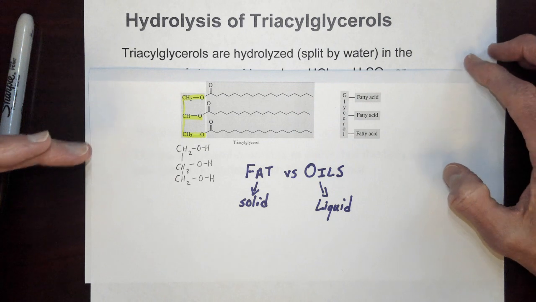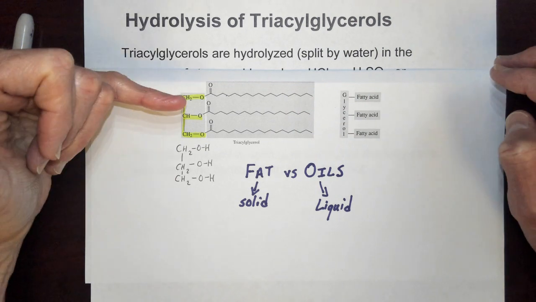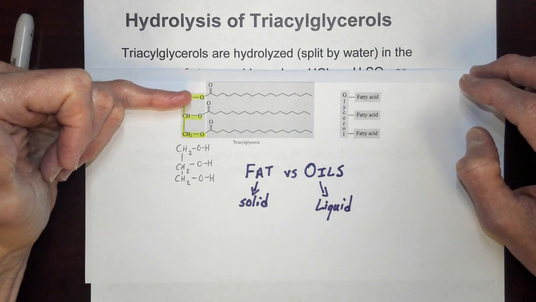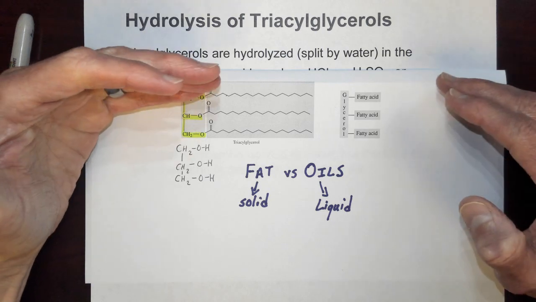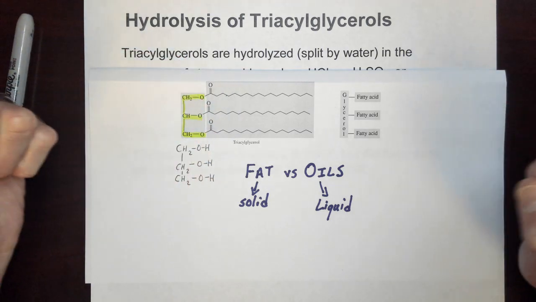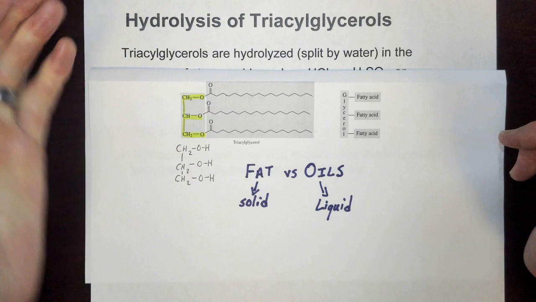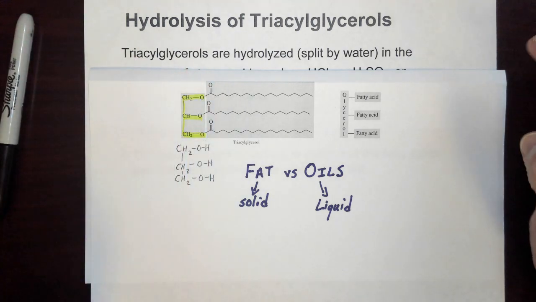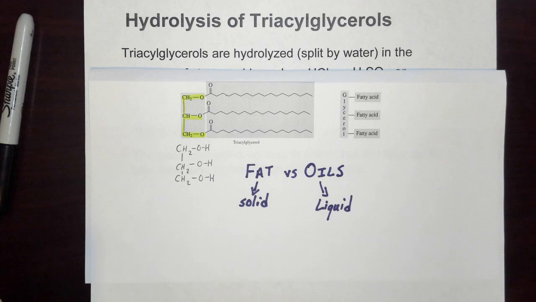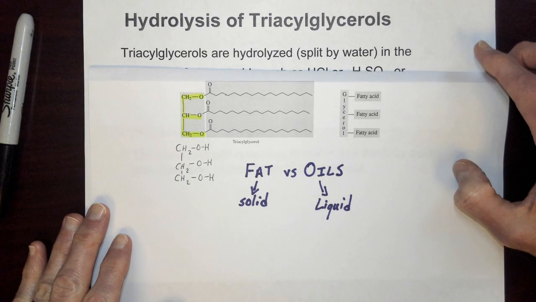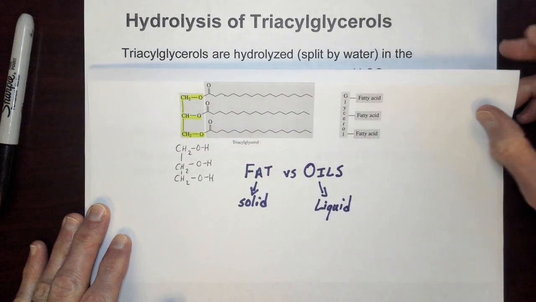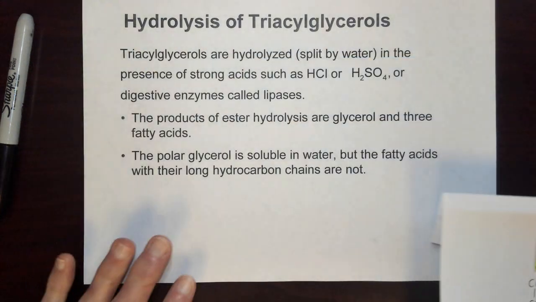So where we took a wax and more or less have 3 of them put together to make this triglyceride, if we want to split this and break it back down into its foundational parts, we can cut these with water, so to say, and get that split apart.